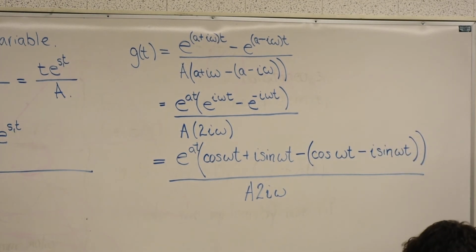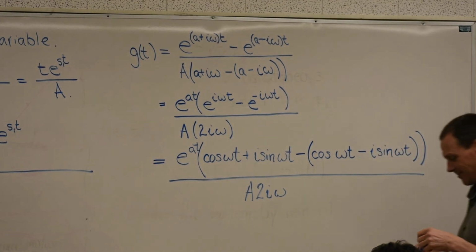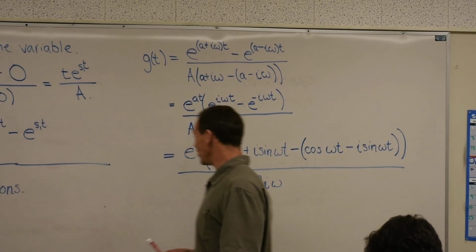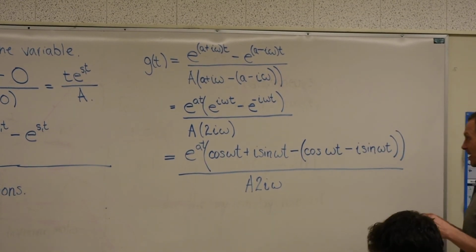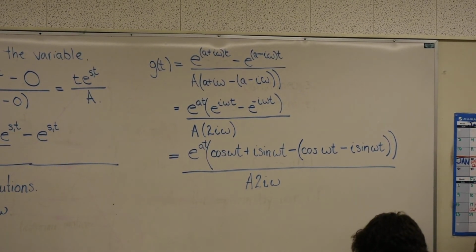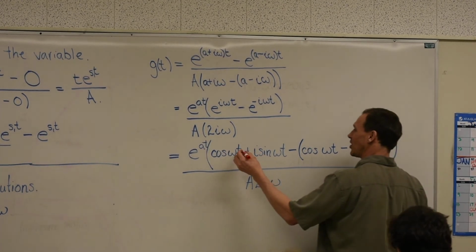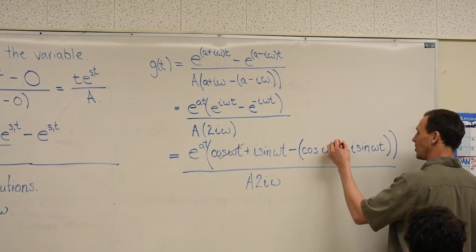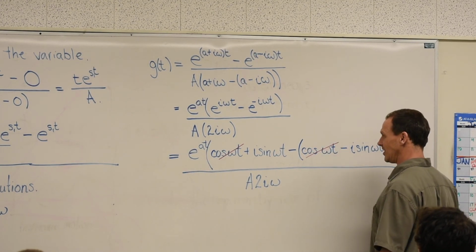Oh gosh, this is my favorite moment. Do you know why? It's because I get to use another color, and I'm going to do the unusual. I'm going to slash. Look at that. I have a cosine of omega t here, minus a cosine of omega t here.